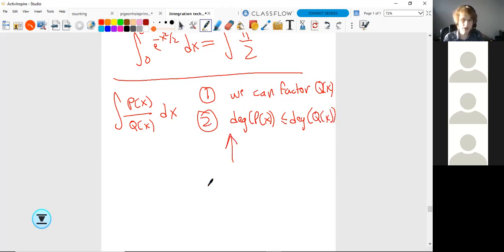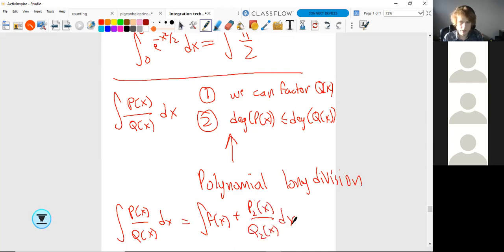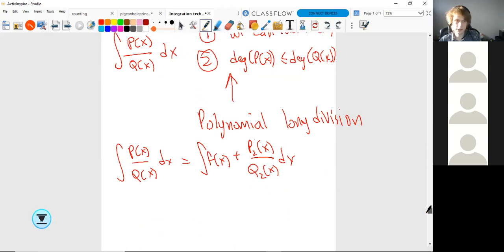If this is not true, then just use polynomial long division to rewrite this integral of p of x over q of x dx as the integral of f of x plus p2 of x over q2 of x. So we have this condition, but we can always do polynomial long division to put it in this way because we know how to integrate polynomials.